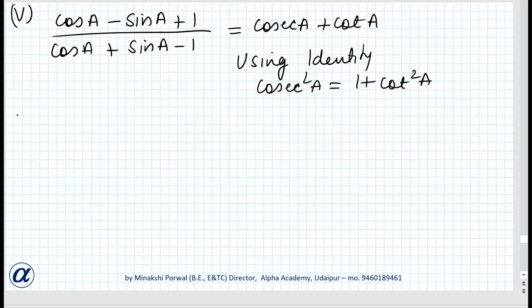Okay. So for this case, can anybody think and tell me how can I convert cos and sine in terms of cosec and cot? How can I convert LHS in terms of cosec and cot?